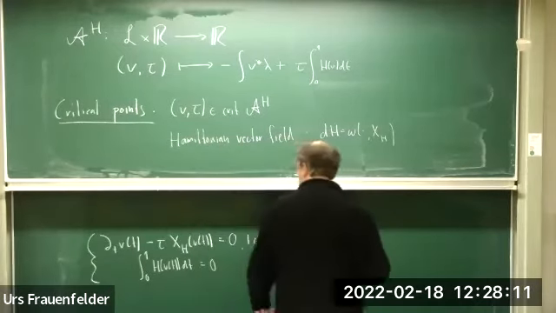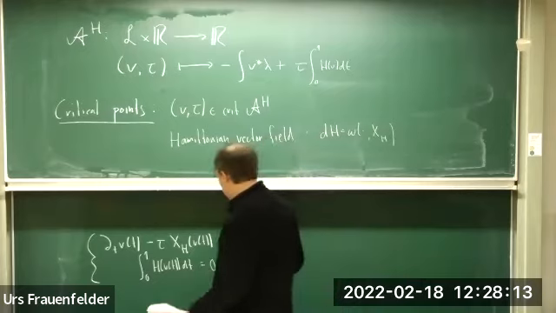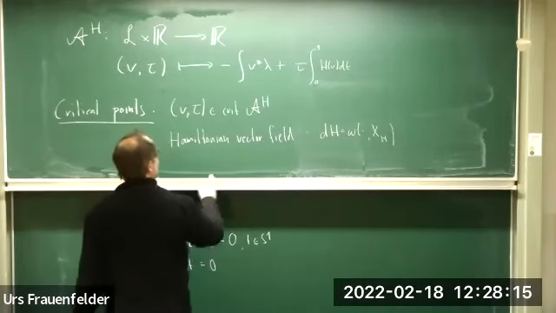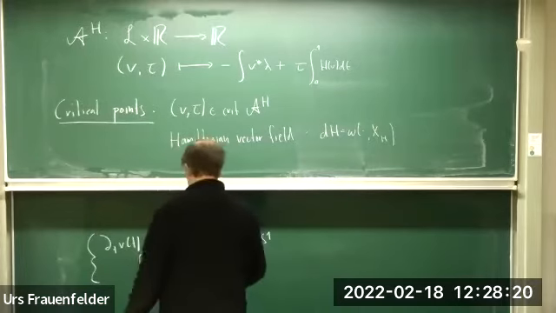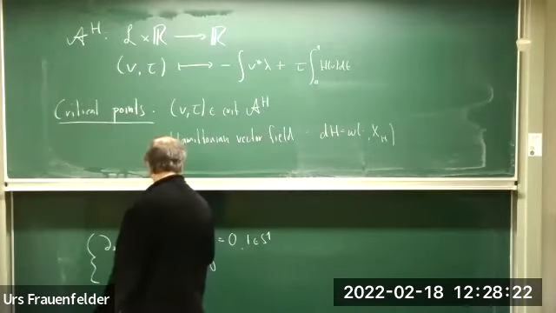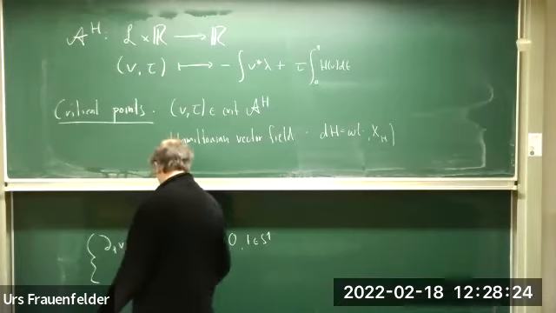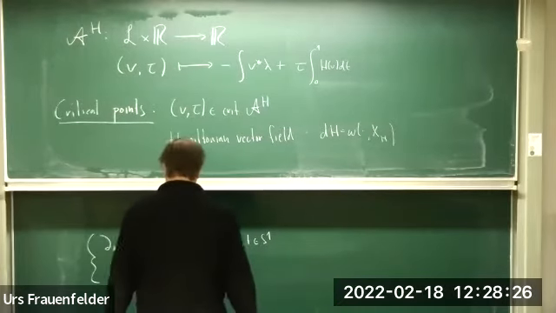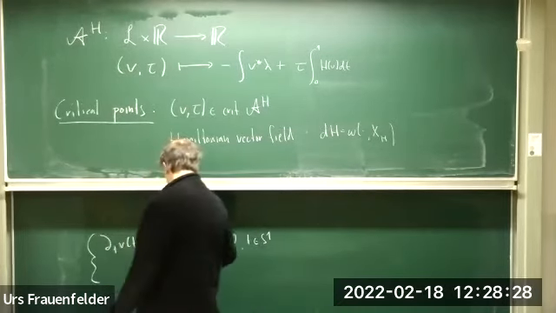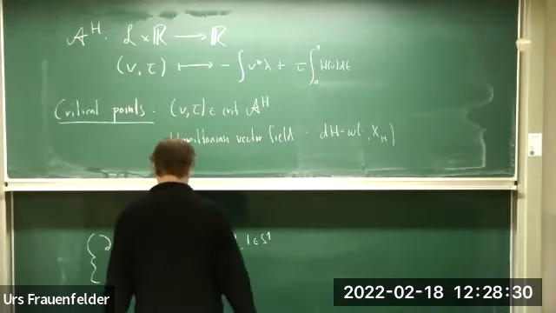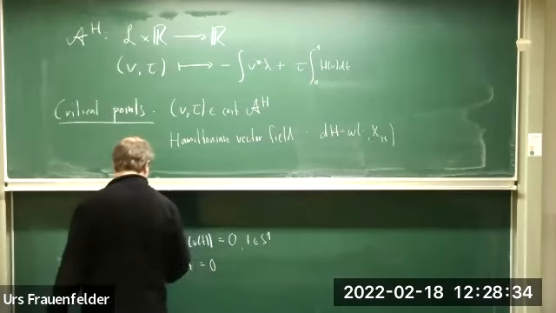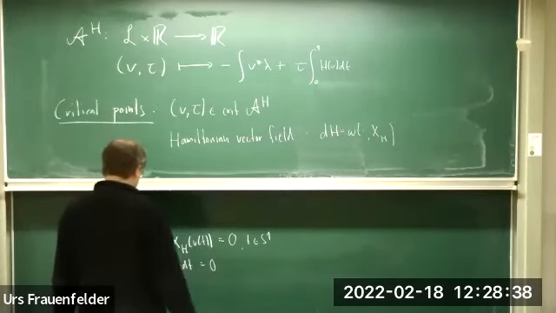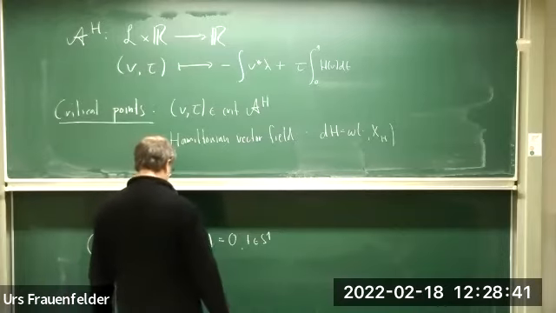But now you observe that H is an autonomous Hamiltonian. H does not depend on time. So by preservation of energy, H is preserved under its flow. That means by the first equation we know that H is constant, and because it's constant, its mean value is 0. So this means H is always 0.